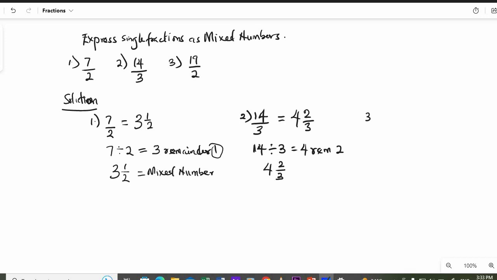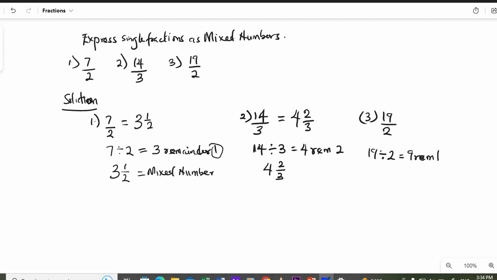And the third one, which is 19 divided by 2. 19 divided by 2 equals 9, but with the remainder of 1, right?